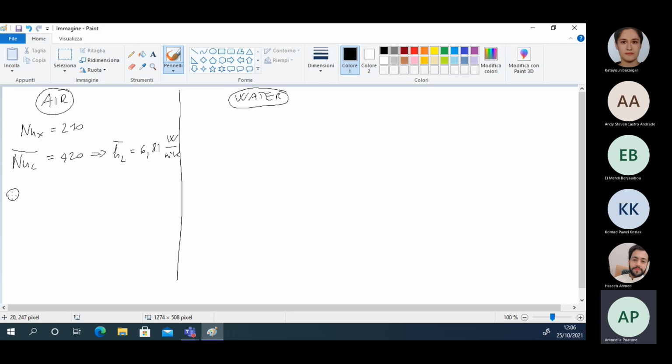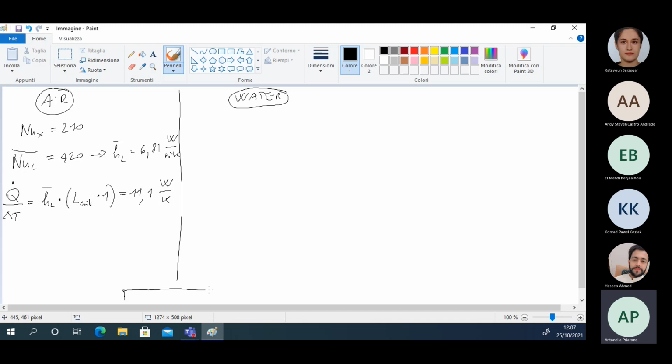So the heat transfer rate divided by delta T, for unitary delta T, is equal to H L multiplied by an area that will be considered L critical by 1, and I obtain 11.1 watt divided by Kelvin.